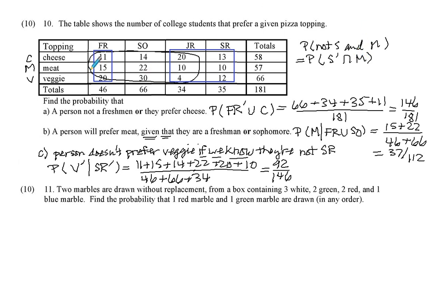So let's do that in red. Red meat. Okay. So we want the people that are both inside the red and inside the blue. So that's 15, 10, and 10. So that's going to be our desired outcomes. 15 plus 10 plus 10.